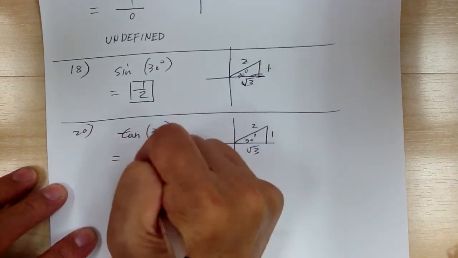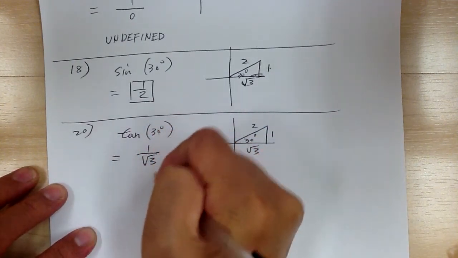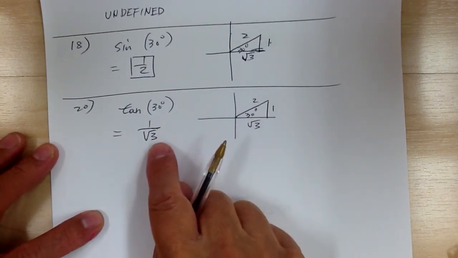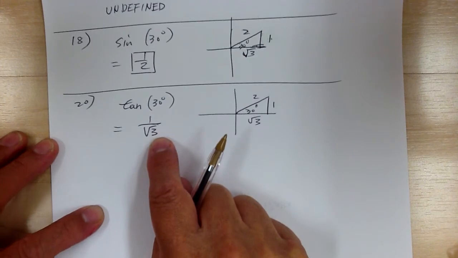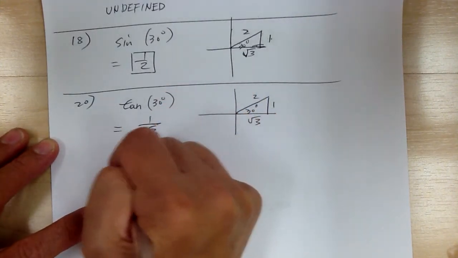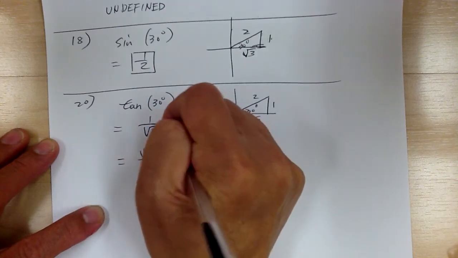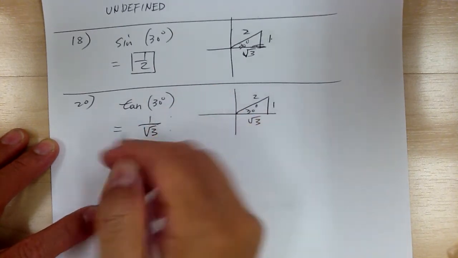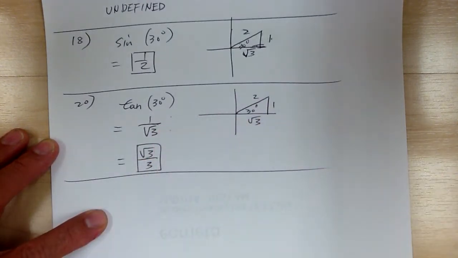So this is equal to 1 over square root of 3. Since the book allows it, I'm going to allow you to have a square root on the bottom. But just for good habit, you might want to simplify by multiplying by square root of 3 over square root of 3. If you leave it like that on the test, I would accept that, but it's not the best.